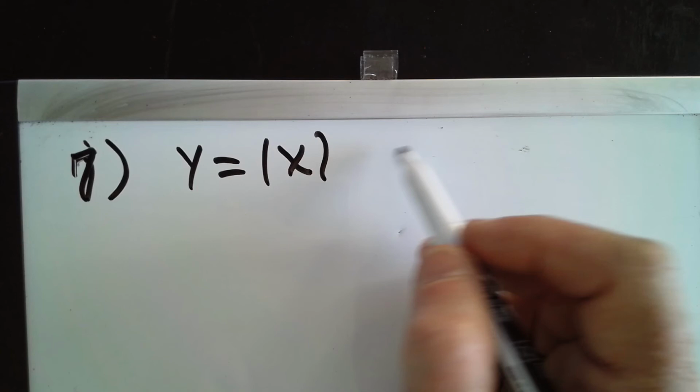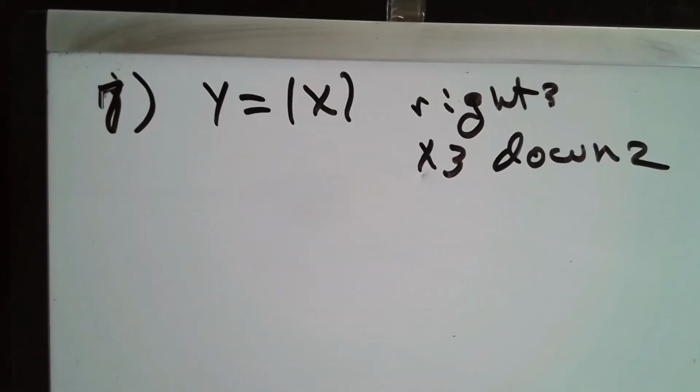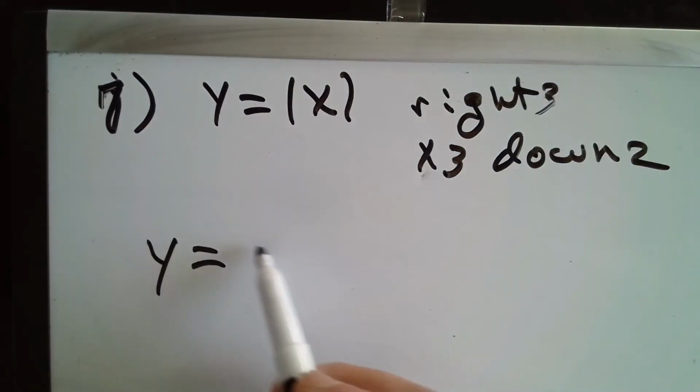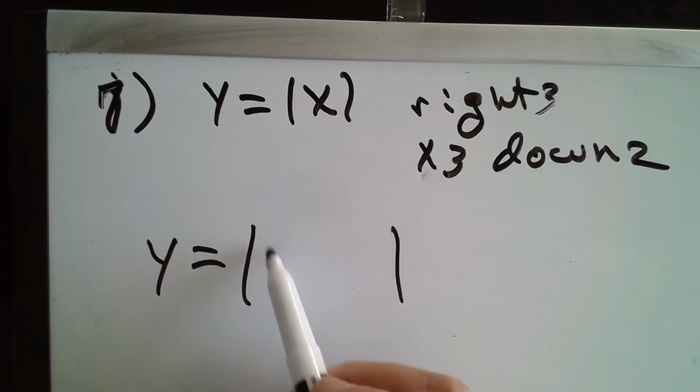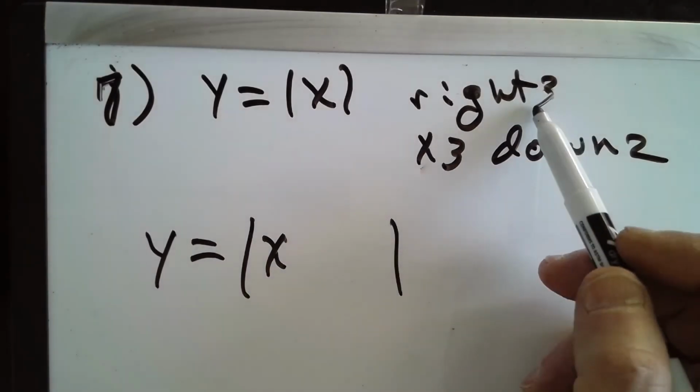Okay, so this is our scratch paper. So we're going to shift it right. So here's our absolute value. We know we're going to have something inside, something outside.